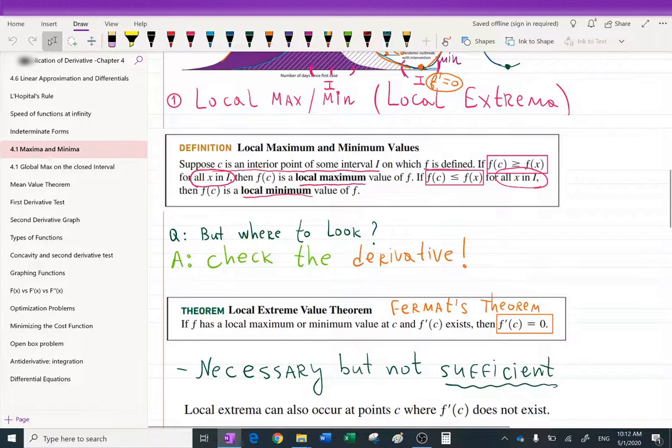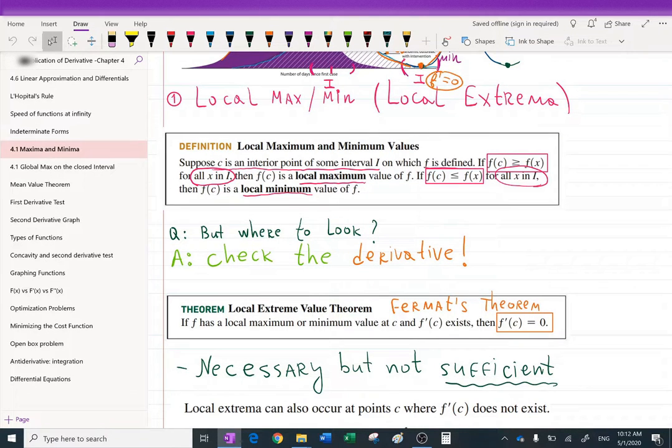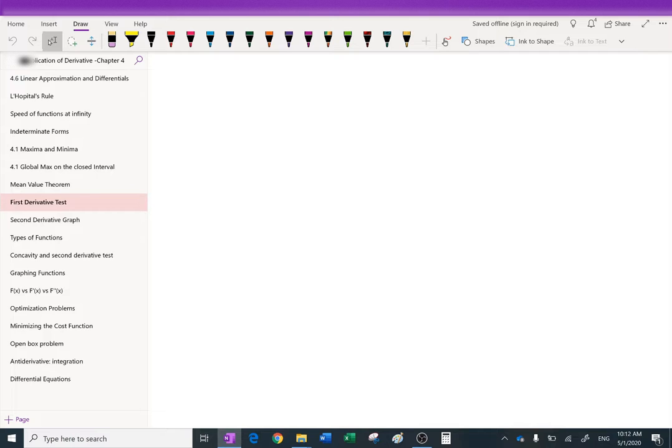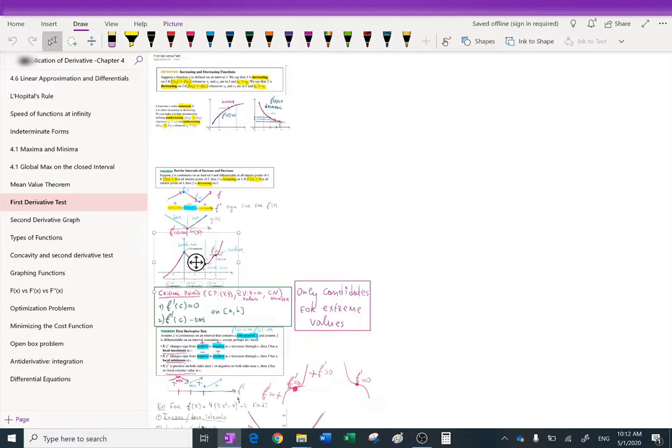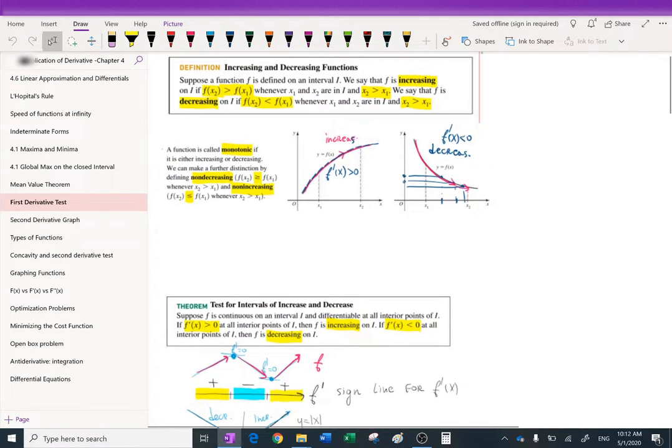And then we told you how to find local minimum. And we told you that you can use the first derivative test and second derivative test to find these local minimums, global minimums, and so on. Increasing first, then decreasing, that's maximum. Decreasing first, then increasing, that's minimum.